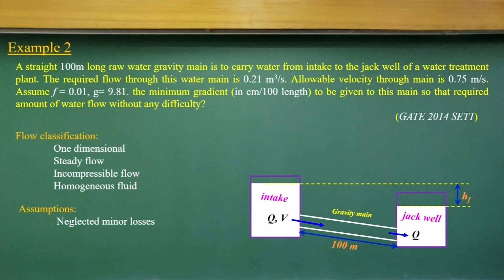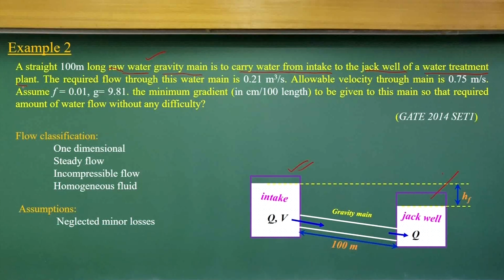Another problem, which is also a GATE 2014 question: a straight 100-meter-long raw water gravity main carries the water from an intake to a jack well of a water treatment plant.